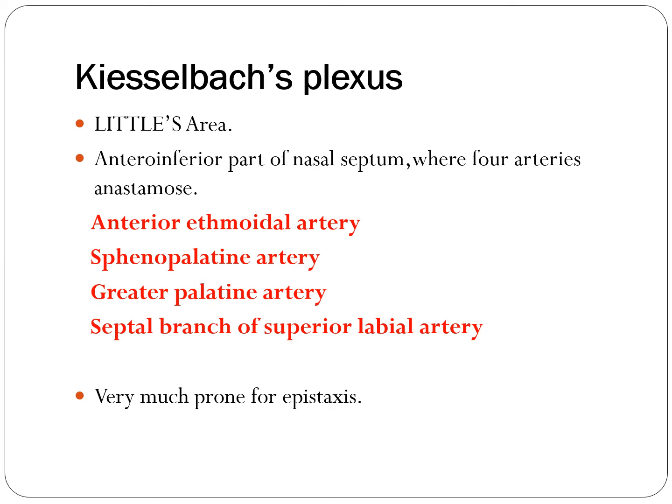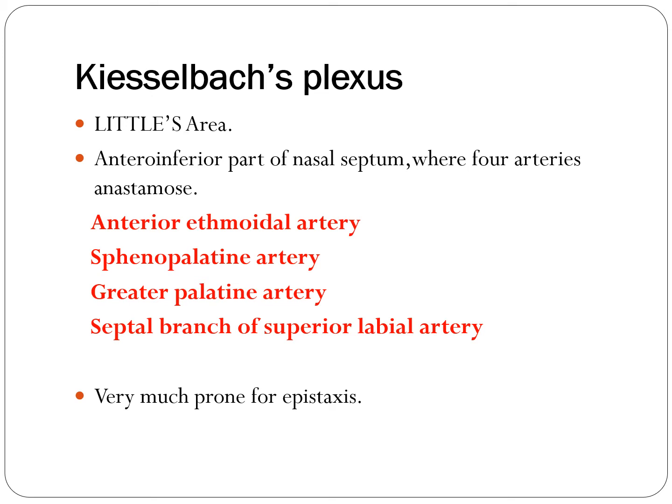So first we go for the Kiesselbach plexus, called the Little's area. Little's area is the anterior inferior part of the nasal septum where four arteries anastomose, that is the plexus.